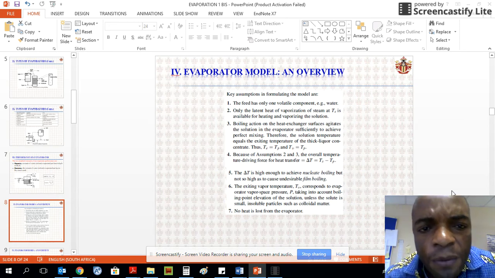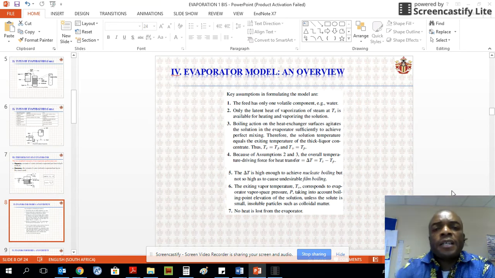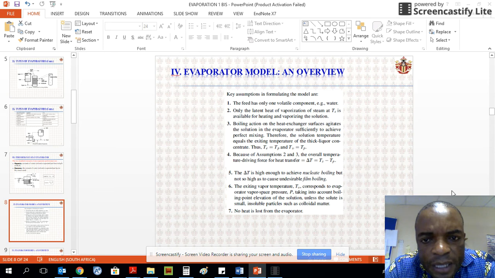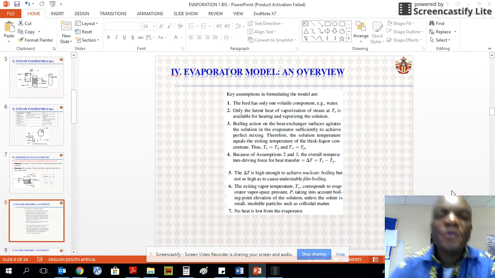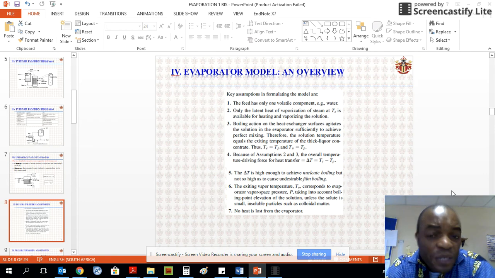Let us look now at the evaporator model. I'm going to present to you shortly an arsenal of equations which can be used to analyze and even to design an evaporator.